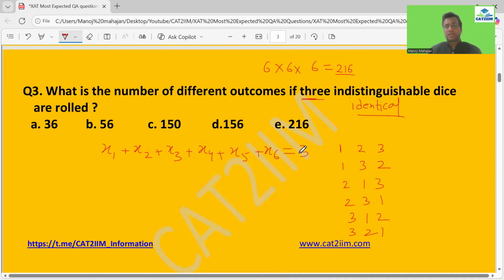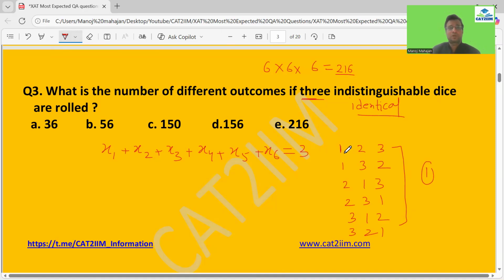So I'll explain what this x1, x2 and so on are. See, when you roll a dice, any number from 1 to 6 can come on the top face. So over here, x1 represents, see, you have a total of 3 dice, right? So x1 represents how many times 1 has been there on those 3 dice. x2 represents how many times 2 has been there, and similarly for x3, x4, x5 and x6. I'll take one example. I said that all these 6 cases have to be counted only once when you have the identical dice.